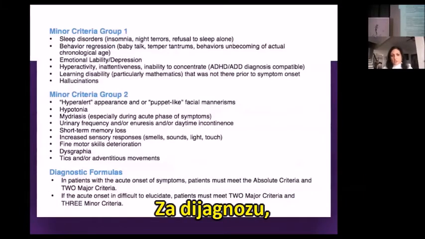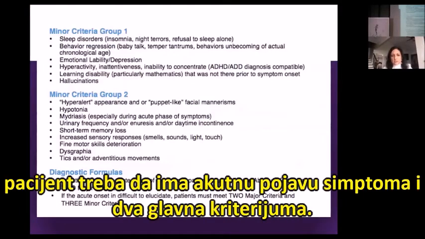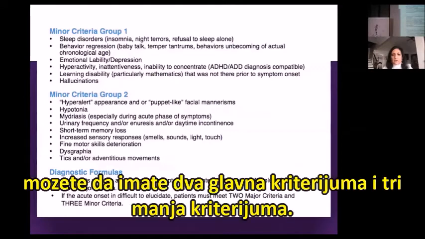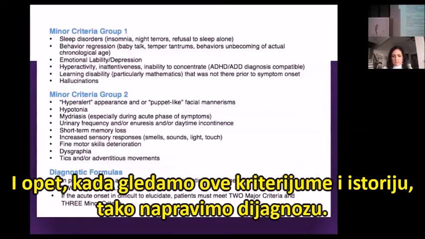So for a diagnosis, you need patients with that acute onset, and they must meet the absolute criteria and 2 major criteria. If it's hard to see that acute lightning onset, you can meet the criteria by having 2 major criteria and 3 minor criteria. So again, if you look at some of these criteria and the history, that's how we make the diagnosis.